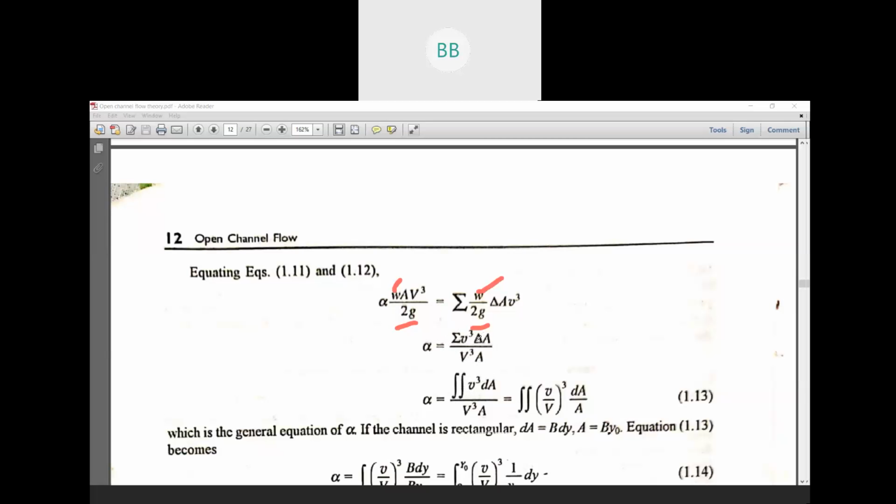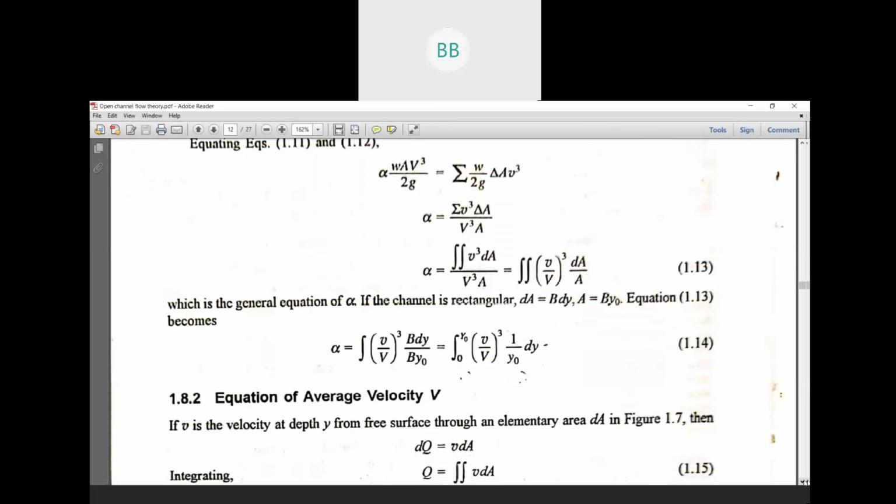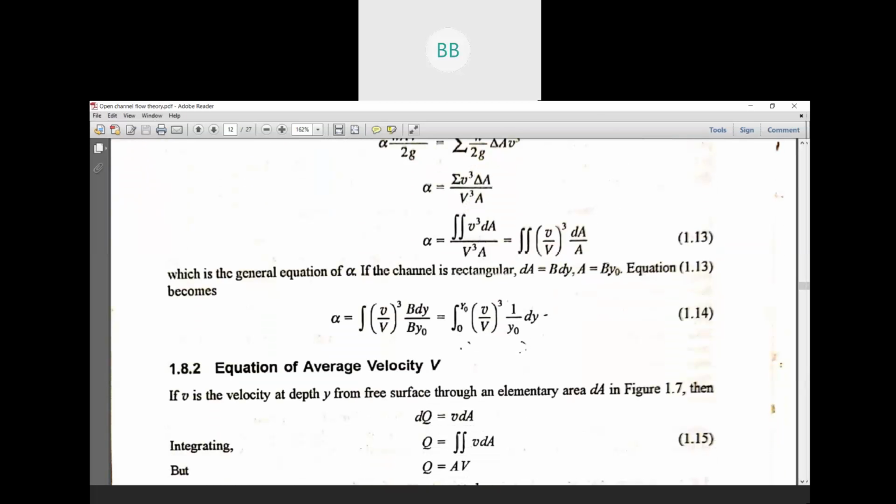This is v cube del A, we have written dA, divided by V cube A. If you do further simplification, it will be small v by capital V whole cube, dA by A. It's just for an example.